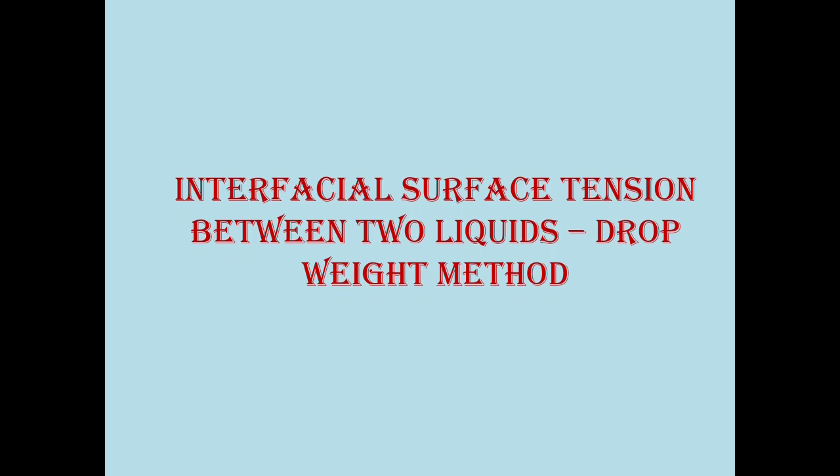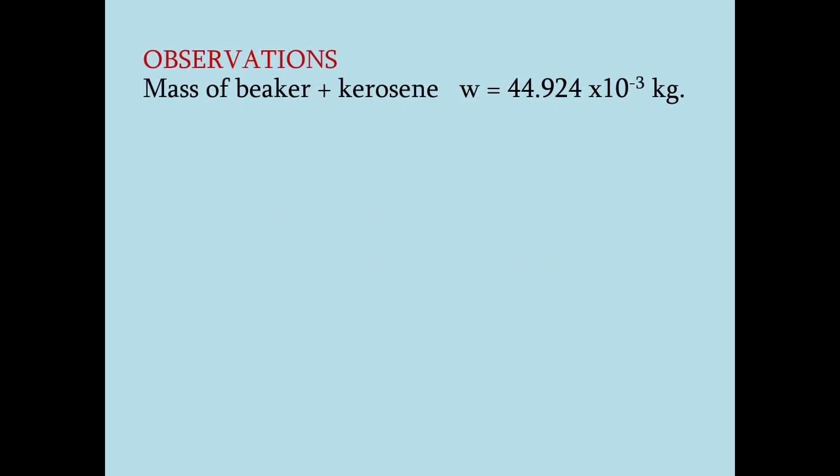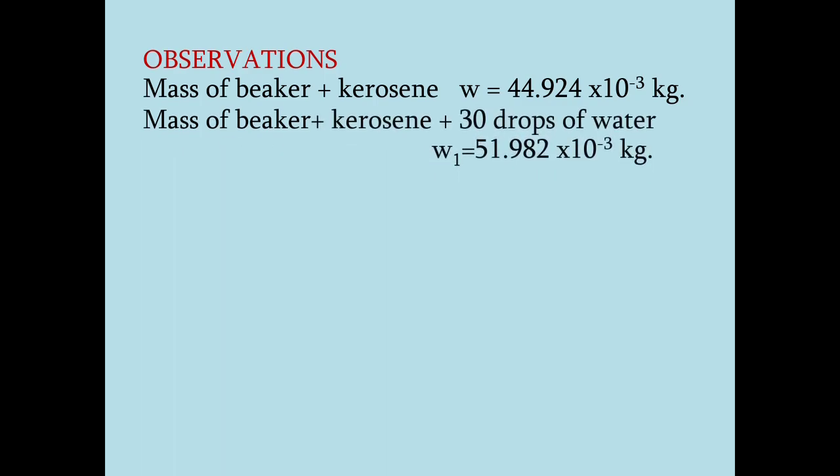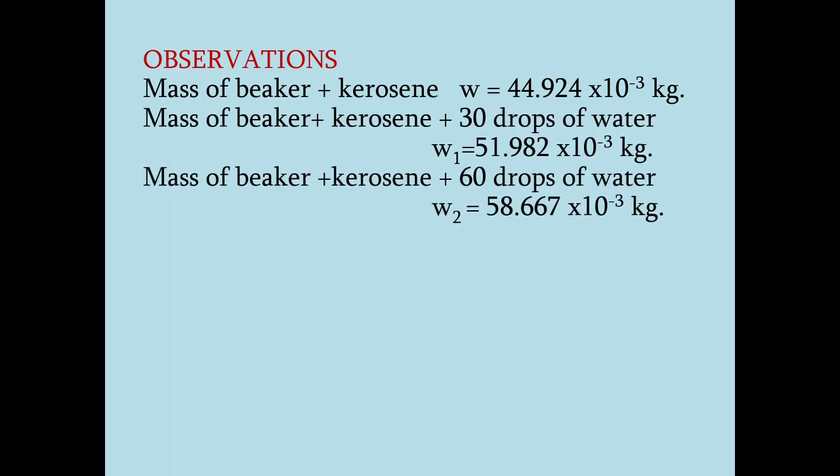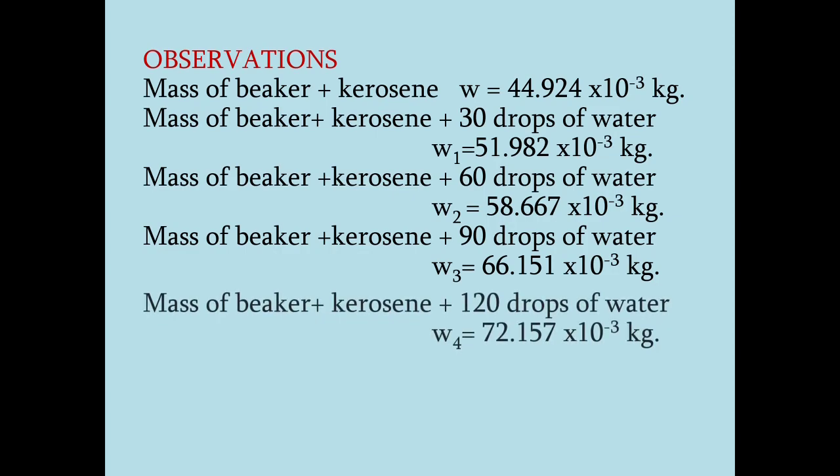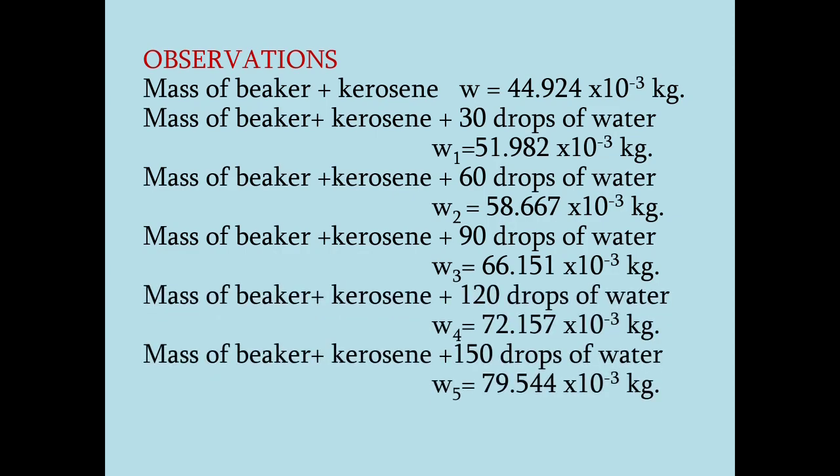Next, we will see how to calculate interfacial surface tension between two liquids. The two liquids taken here are water and kerosene. These are the experimental values obtained. The mass of the beaker plus kerosene is taken as W. Then for 30 drops, 60 drops, 90 drops, 120 and 150 drops, the masses were found as W1, W2, W3, W4 and W5.